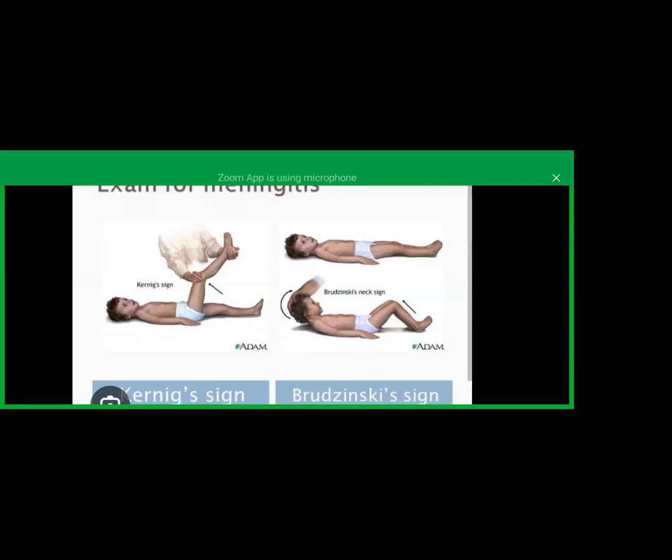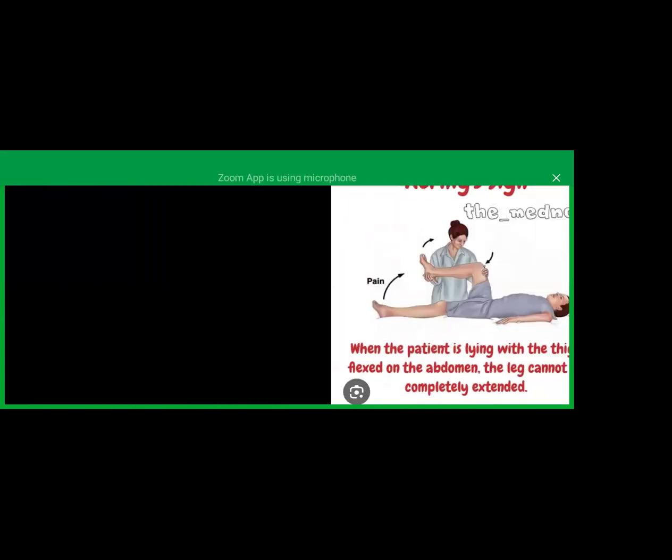That irritation will cause pain along the spinal cord. So in order not to feel much pain, the patient unconsciously flexes the thigh and the knee to make the pain become less. So when, as you are flexing the neck, the patient is flexing the thigh and the knee, we say that is a positive Brudzinski sign.